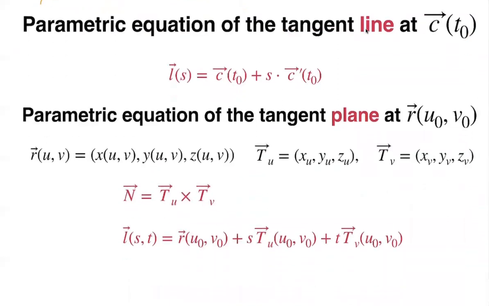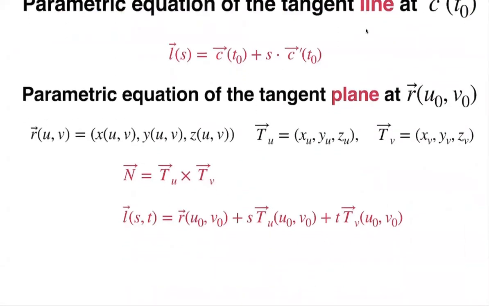Okay, then let's think about the second case. In this case, we want to think about the parametric surface. Let's say this is the surface given by r of u comma v. We think about the surface in R3, so there would be three coordinates, and these coordinates are parameterized by u and v, okay?